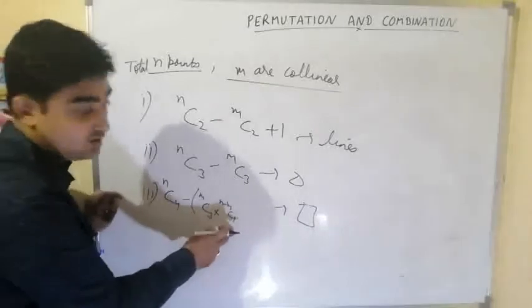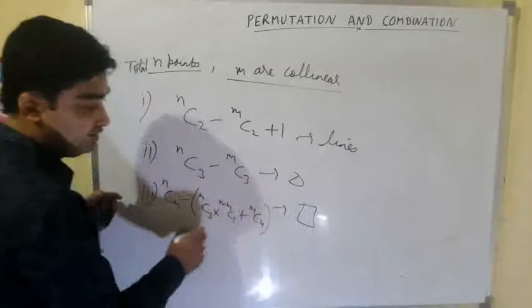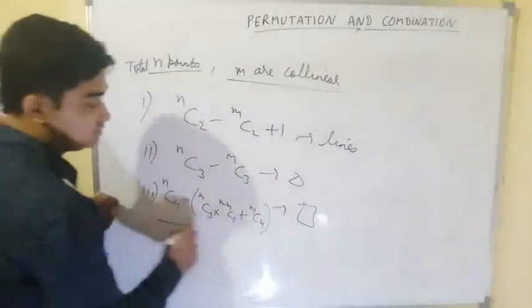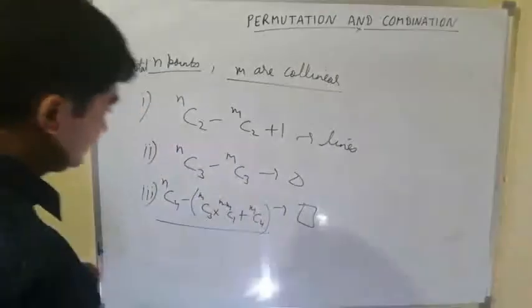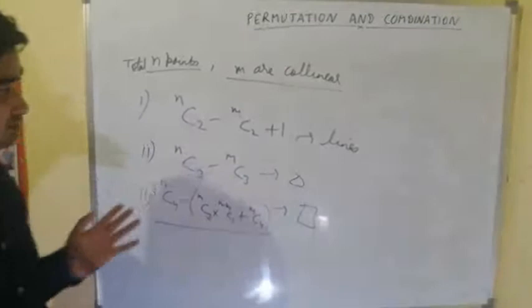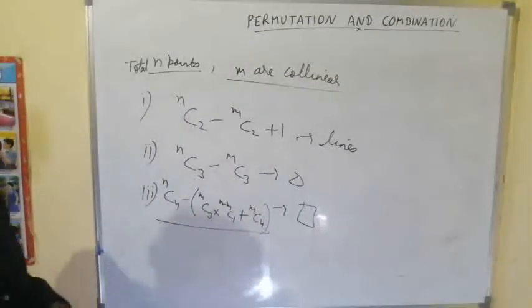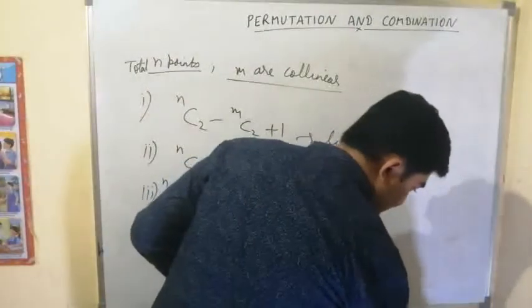This case we will not get a quadrilateral. Also, if all 4 are from the collinear points, then also we will not get a quadrilateral. So this minus this plus this gives the number of quadrilaterals. So this is another important concept, pretty easy also. We can get problems like this.